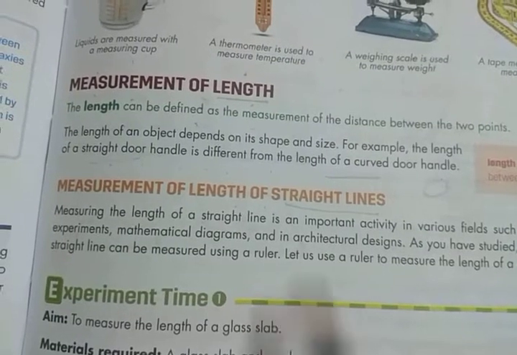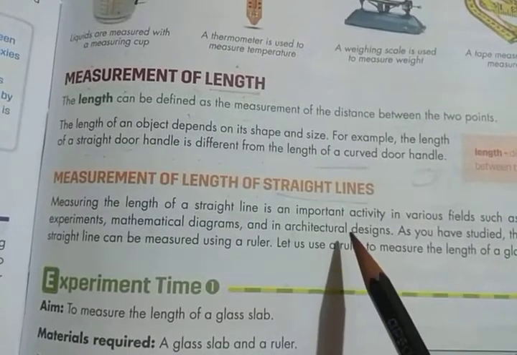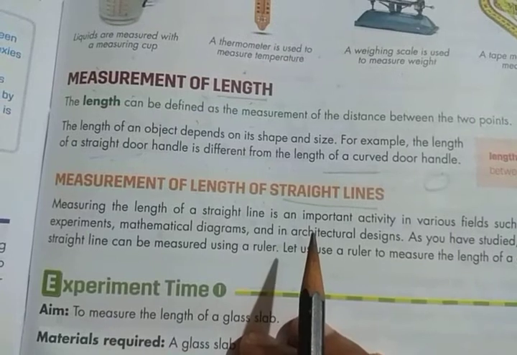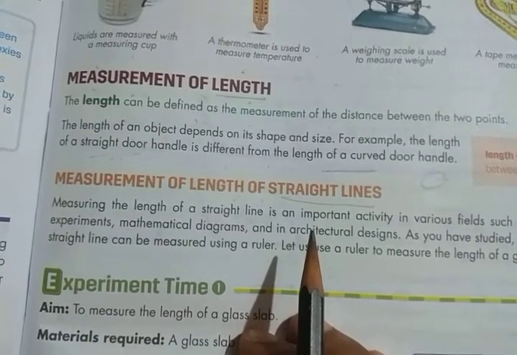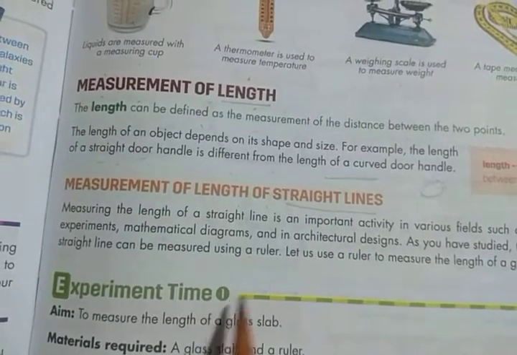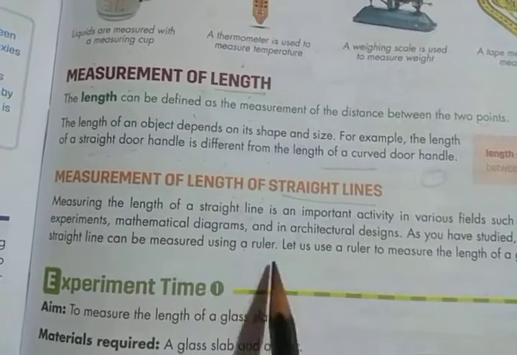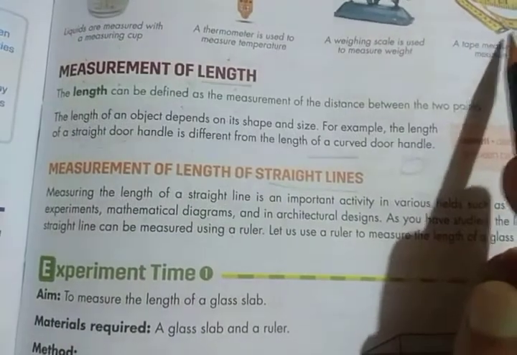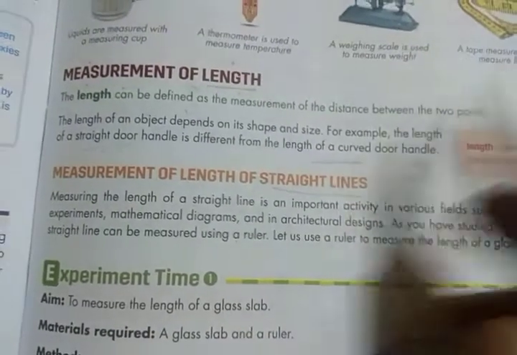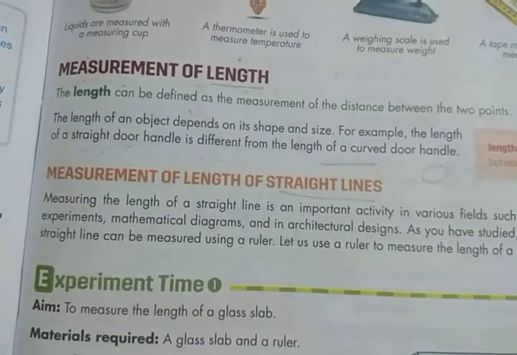But when we have to measure a curved object, then we have to use a tape, because a ruler is straight, but a measuring tape is flexible so that it can be rounded. Okay.